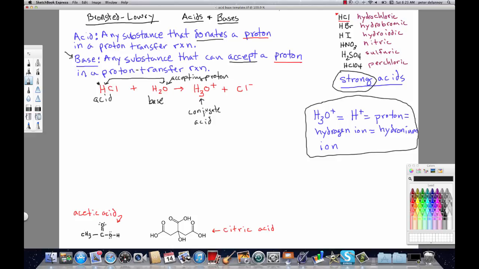We call it a conjugate acid because its origin comes from the H2O, because the H2O is the thing that actually accepted the proton from the hydrochloric acid. So we would write that the H2O is in a relationship with the H3O plus. So this is going to be a base conjugate acid pair.